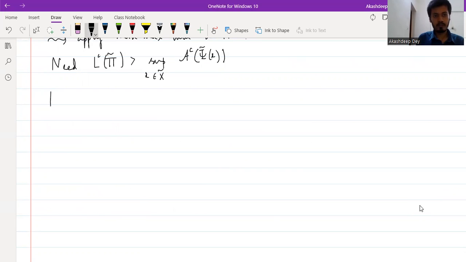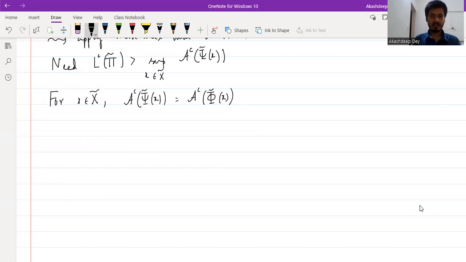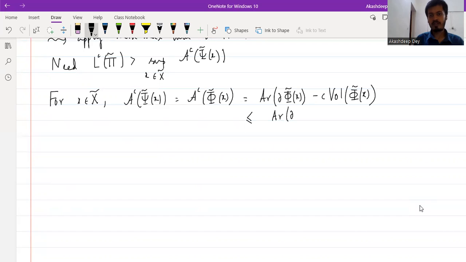For x in x tilde, A_C of psi tilde x is equal to A_C of phi tilde x, because psi tilde restricted to x tilde is phi tilde, and this is equal to area of boundary phi tilde x minus C times volume of phi tilde x, and this is less than or equal to area of boundary phi tilde x.